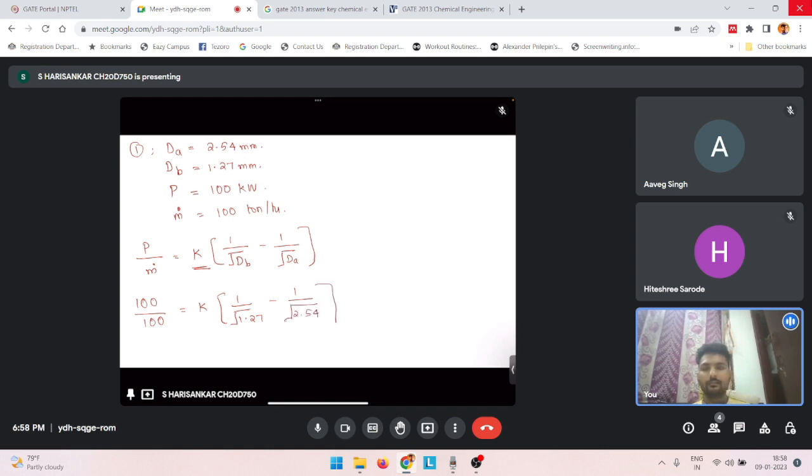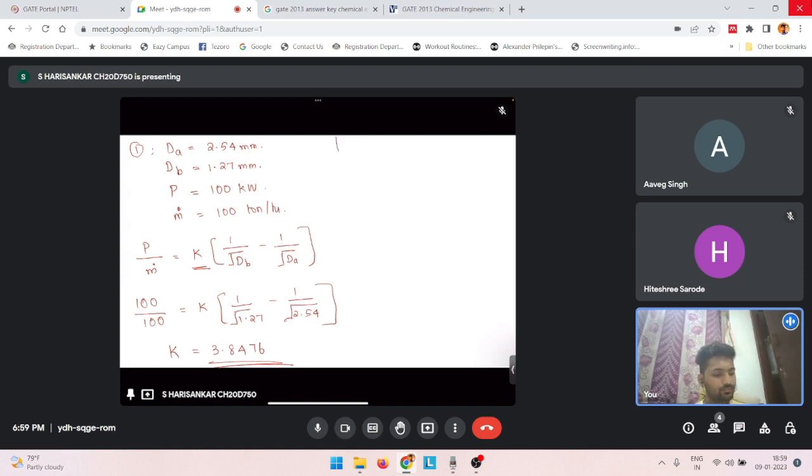And solving this equation, we get the constant K is equal to 3.8476.